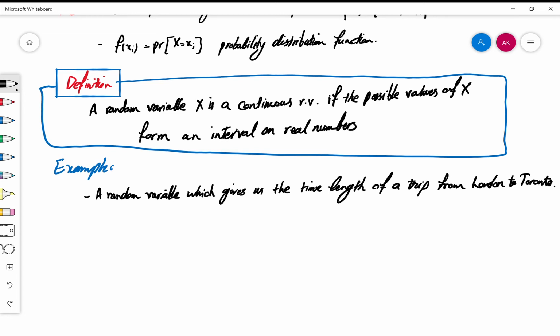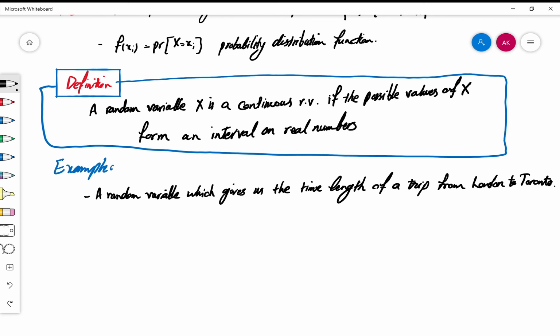When it comes to time, it's not just a bunch of numbers. The time can be anything in a range, say between half an hour and up to 10 hours, and this time can be any number between these two.